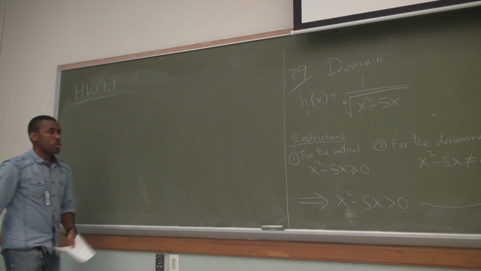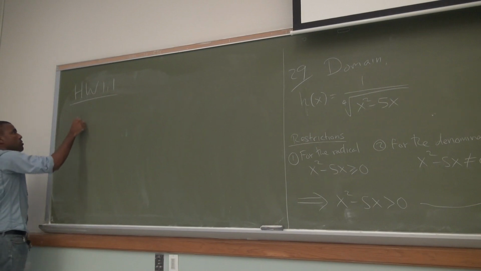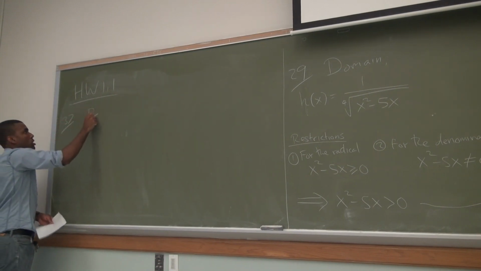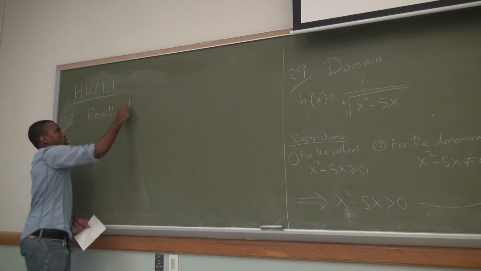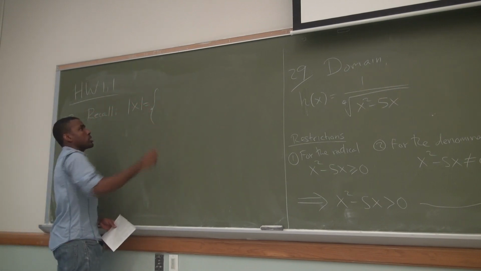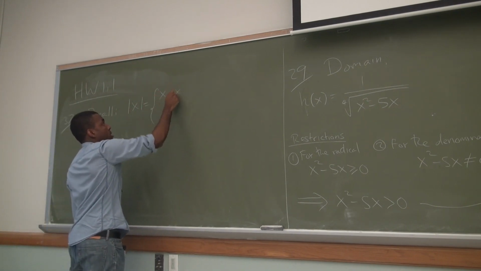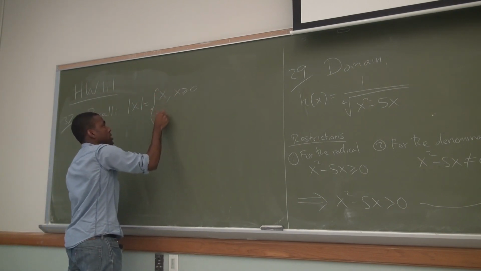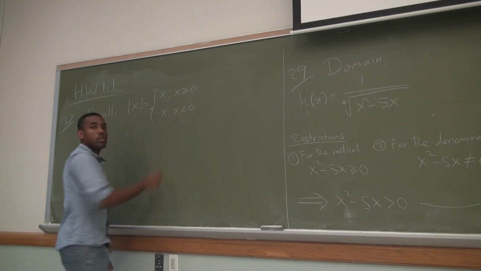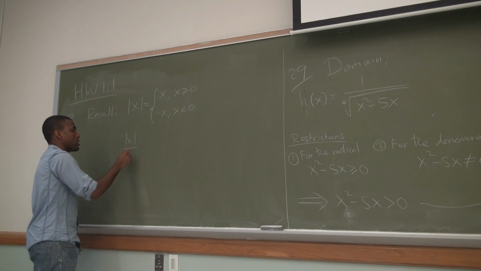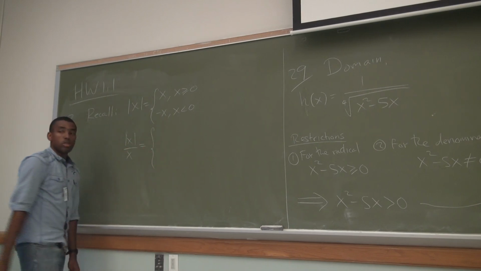Okay, now this comes from knowing the properties of the absolute value of x. Recall the absolute value of x is equal to what? It's x if x is greater than or equal to 0, and it's minus x if x is less than 0, right? So if I have absolute value of x over x, what is that equal to?